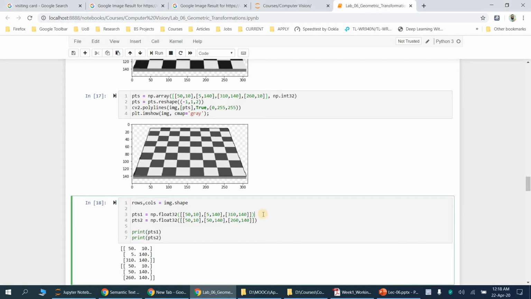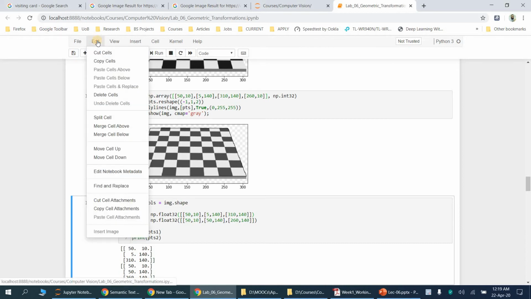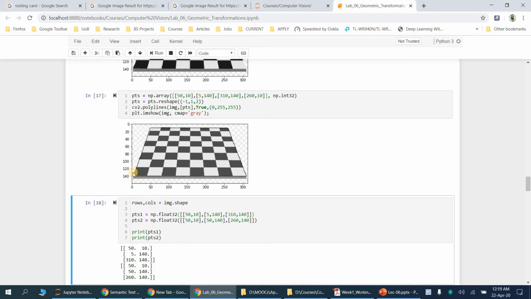Now when I want to do the transformation, where should they go? Now that is an important question. Okay, where should they go? This is not an easy question. Let's say I can't draw over here. I think I'm not allowed to draw, but I will explain over here. So see this second point 5, 140, I would like this point to move inside and make a box like this.